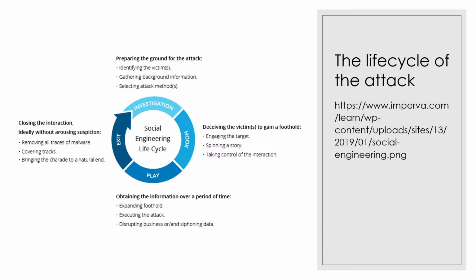This is the way a good social engineering scam or attack works, because it's a cycle, and we are talking about more than just lying to someone or asking them a stupid question. For the first three points, we have to identify the victims and gather some intel, the background information, who they are and what they're doing, and then we have to select the attack method or methods.